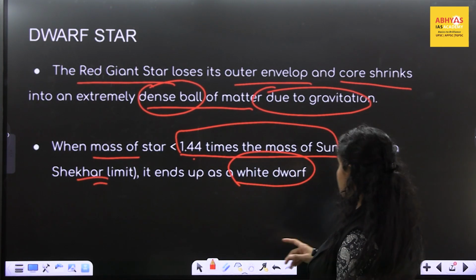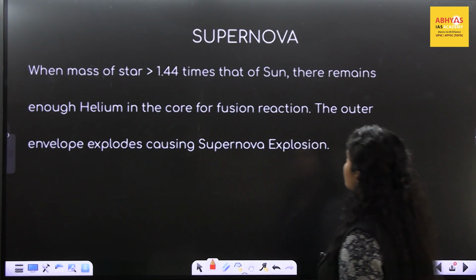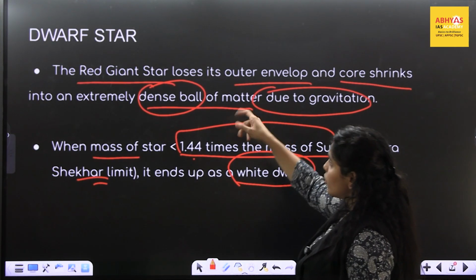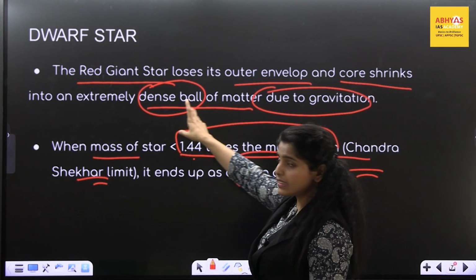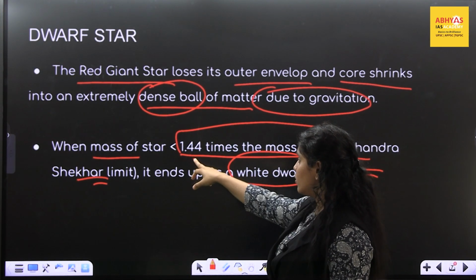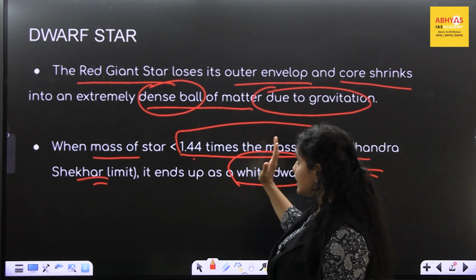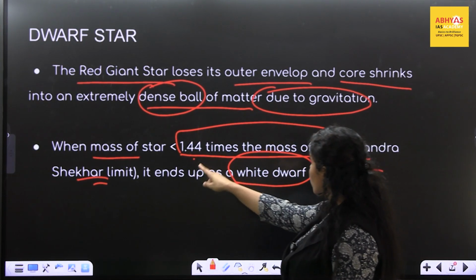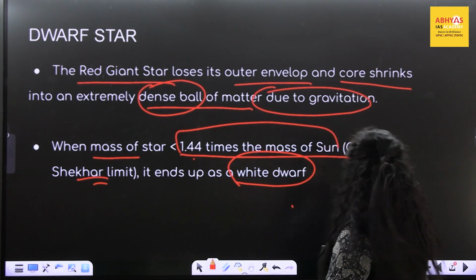Okay, now let's move on to our next topic. So what we studied here: when this dense ball mass is less than 1.5 times of the sun, then that leads to the formation of a white dwarf. What if it is more than 1.45 times of the sun?